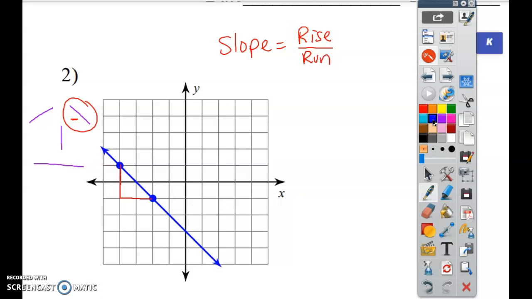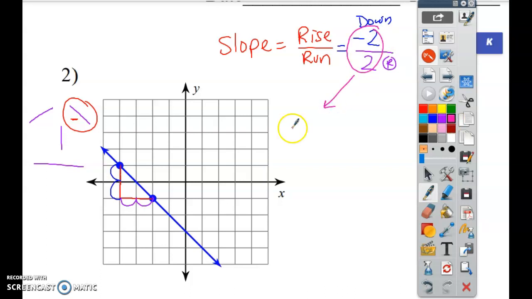right? And we're going to count how much we went down. So down 1, down 2. And because I go down, it's a -2. I went down. And then over, I'm going over 1, 2 to the right. Okay, so when I divide those two, because there's a negative in there, my answer is going to be negative.